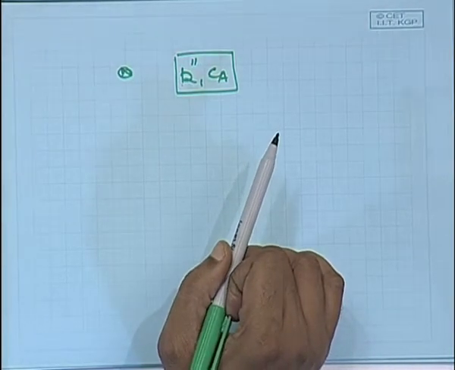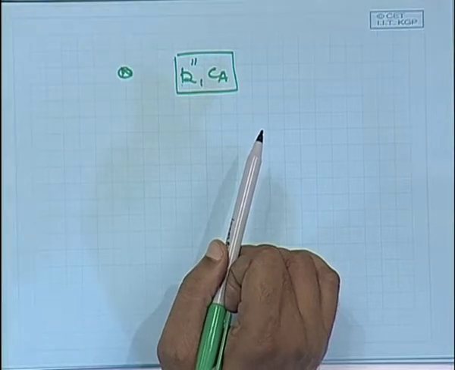So, how would my boundary condition change? My x a equal to x a 0 at z equal to 0 will still hold, but I would like to find out what is my new condition at z equal to delta. I no longer can say that C A is 0 at z equal to delta.